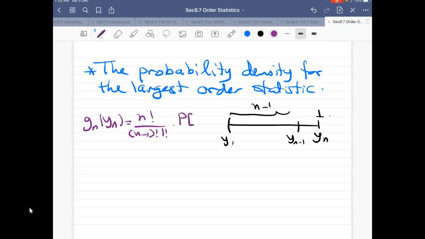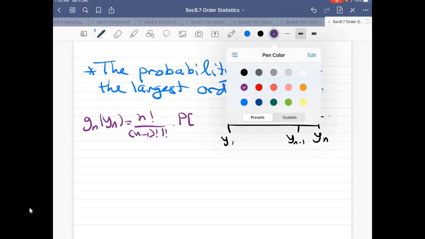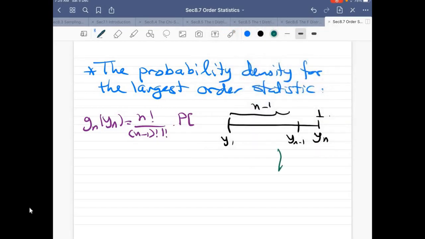A probability into the probability of a variable x here. In this part, x is less than y sub n. For all of these variables, I have x less than y sub n. Okay, if my focus is y sub n, all of them are less than y sub n.